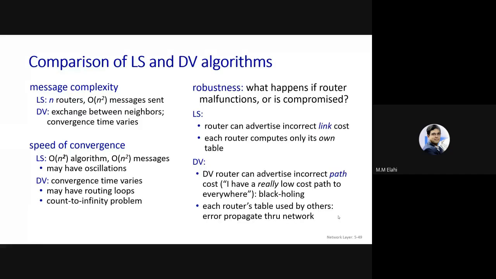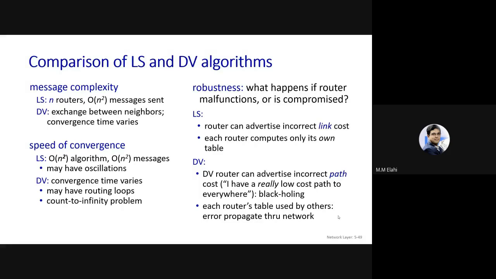Robustness. What happens if a router malfunctions or is compromised? Compromise means a security question. If the router is actually attacked by an attacker, or if the router does not work perfectly, somehow it just crashed or is not working perfectly, then what will happen?